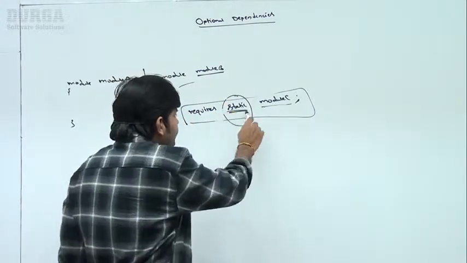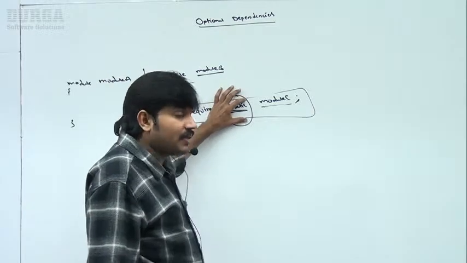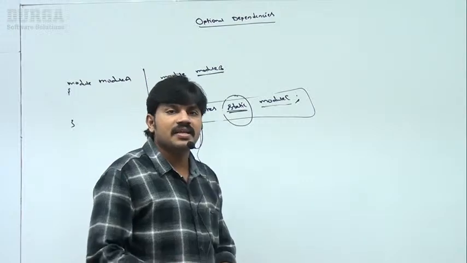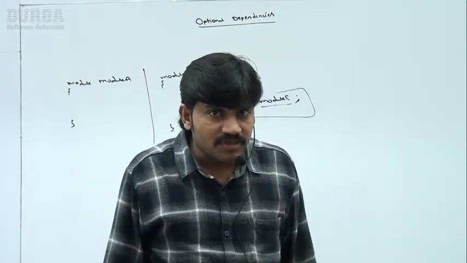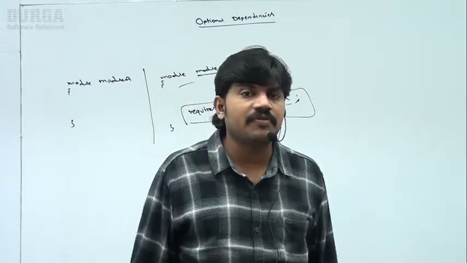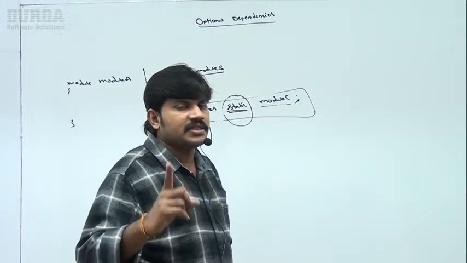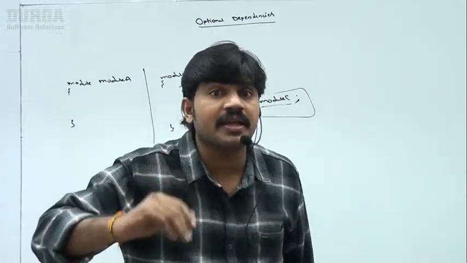But if I take static, at compile time module C must be available, but at runtime module C is optional. Are you able to understand? Such a type of dependency is by default considered as what? Optional dependency. The dependency check is mandatory at compile time, but optional at runtime.